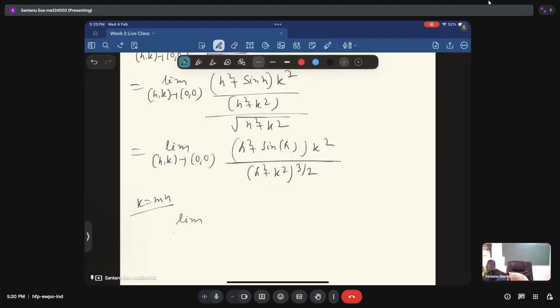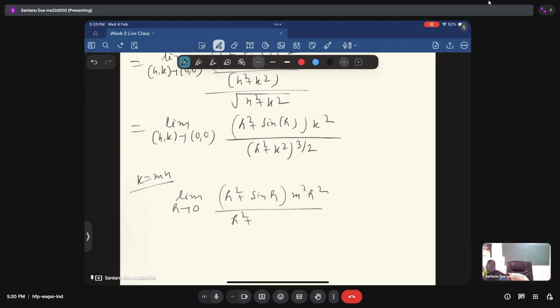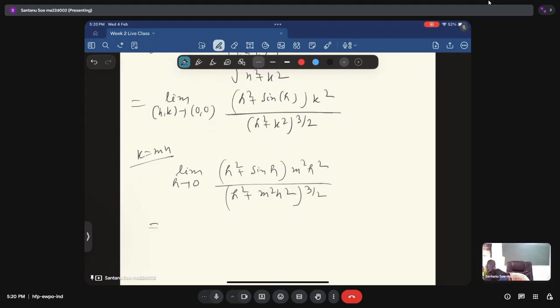Then the limit as h tends to 0 of (h square plus sine of h into m square h square) divided by (h square plus m square h square) to the power 3 by 2, and this is the same as the limit as h tends to 0 of (h cube times m square... sorry, m square h square plus sine h) divided by h cube times (1 plus m square) to the power 3 by 2.